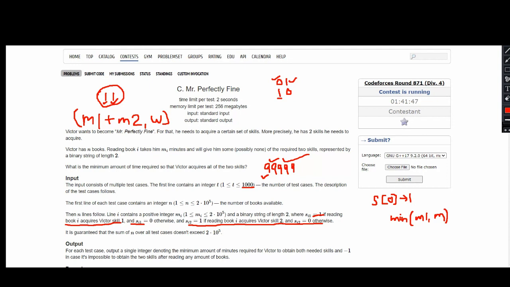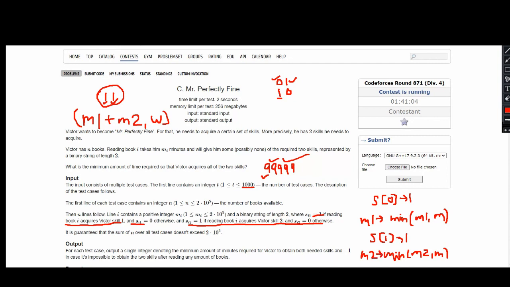Similarly, if S1 is 1, we take the minimum of M2 and M. Remember that this is the value for M1 and this is the value for M2.